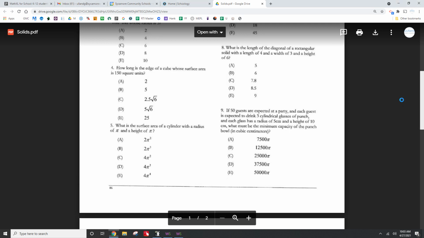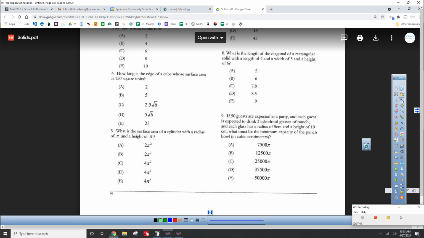A few more. What is the length of a rectangular solid? This is similar to the cube one, but you're going to have to do Pythag because we don't have special right triangles. So you're looking for that thing. But to find it, we're going to need that thing. Okay, so let's see.